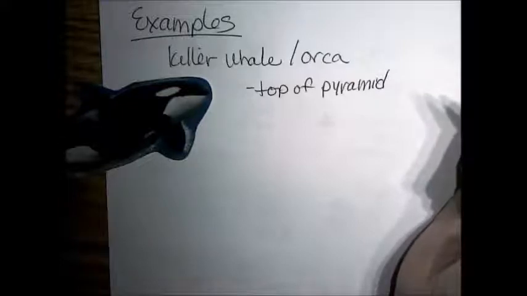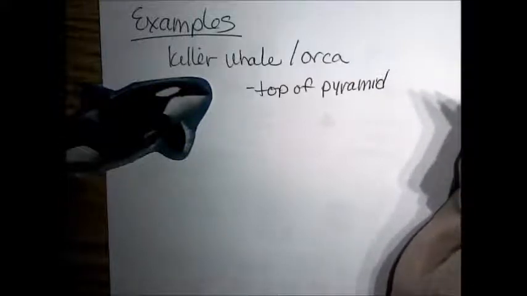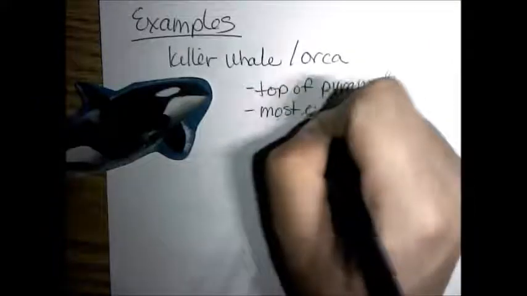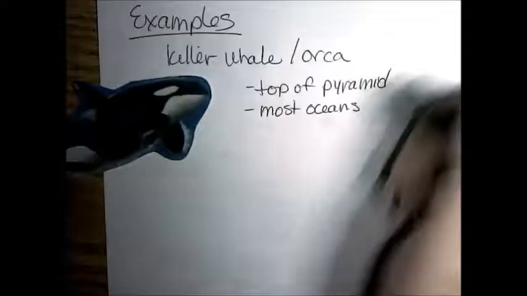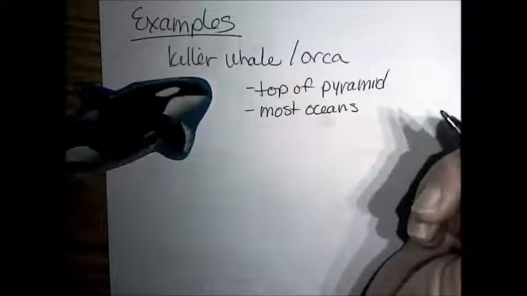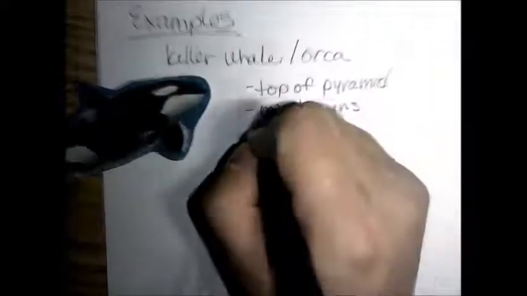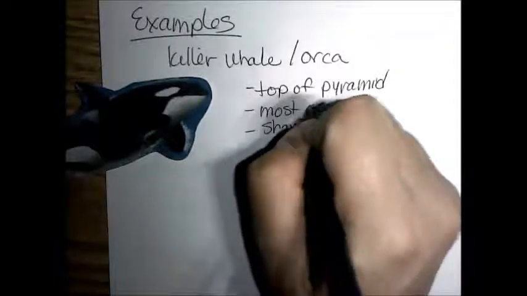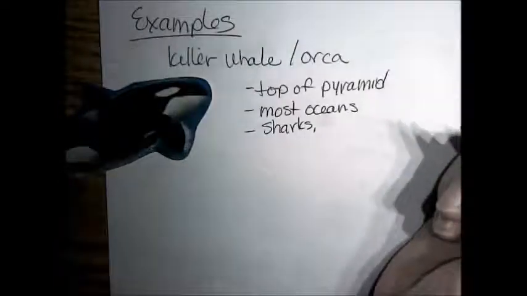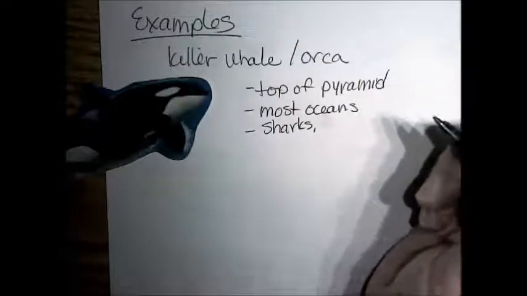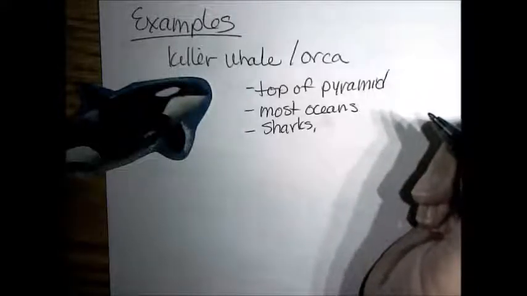Killer whales inhabit most oceans. They are predators and have been known to attack other marine animals, such as sharks. The niche is defined as the way this animal fits into the habitat. Killer whales are also known as orcas.